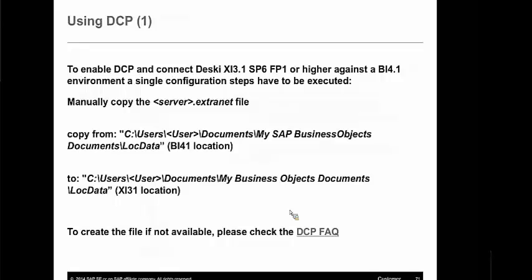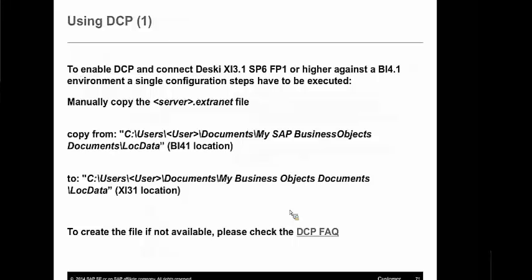To enable that, you need to copy the servername.extranet file, which is normally located in the user profile local data storage for 4.1, and copy it to the local data folder for XI 3.1 or XI 2, depending on which version you use. In this case, it would only be XI 3.1.